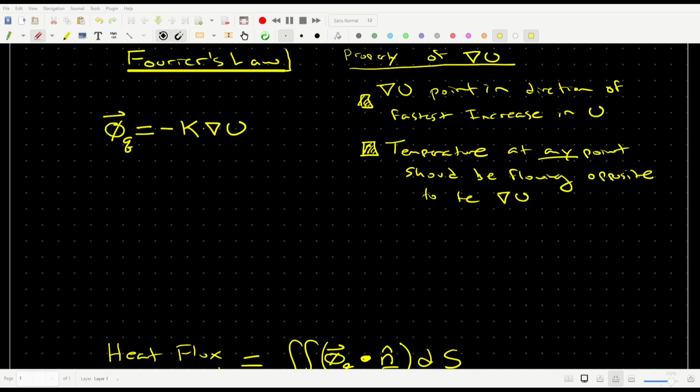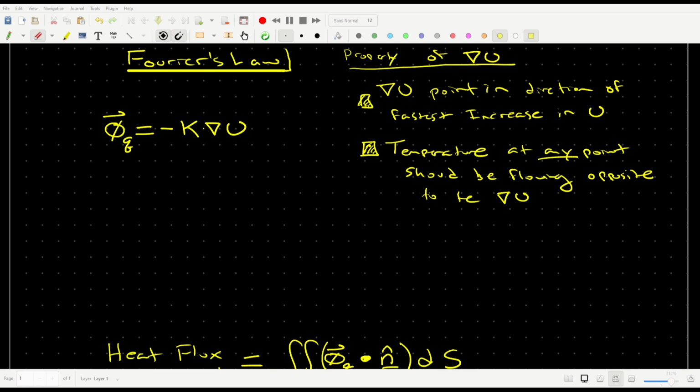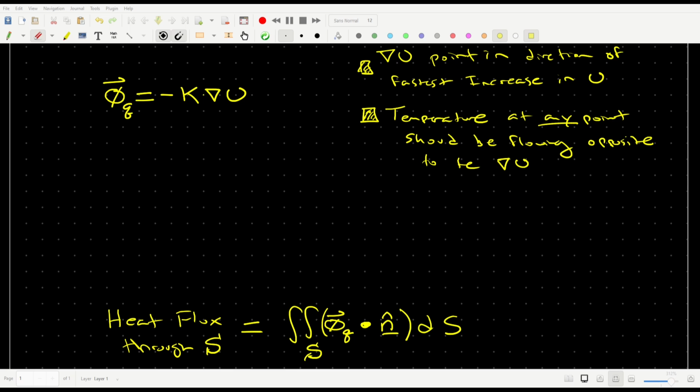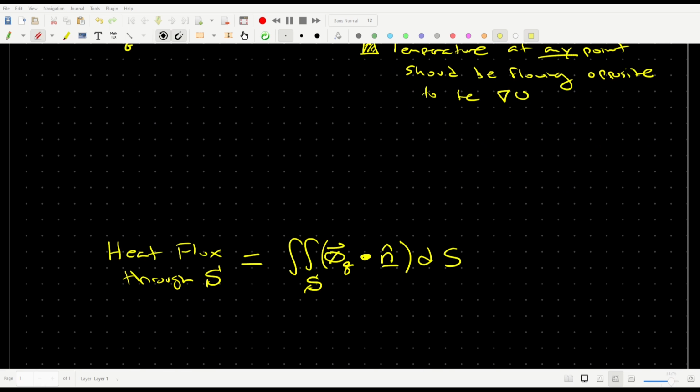So before moving on to a little bit more of the math, what I want to do is discuss some of the physics, specifically the units of this heat flux, and what the actual units of the thermal flux are, because I think that makes things a little bit more understandable. So the value of heat flux through the surface S is equal to this double integral right here. n hat is a unit vector.